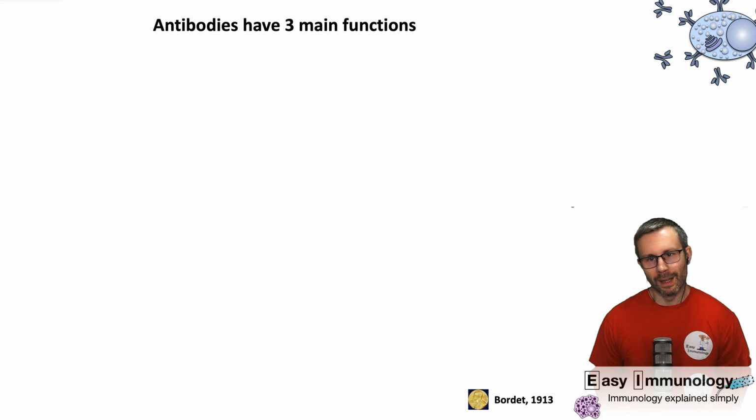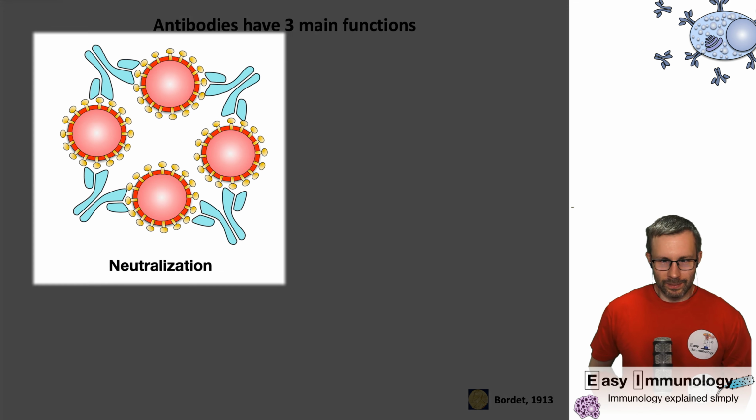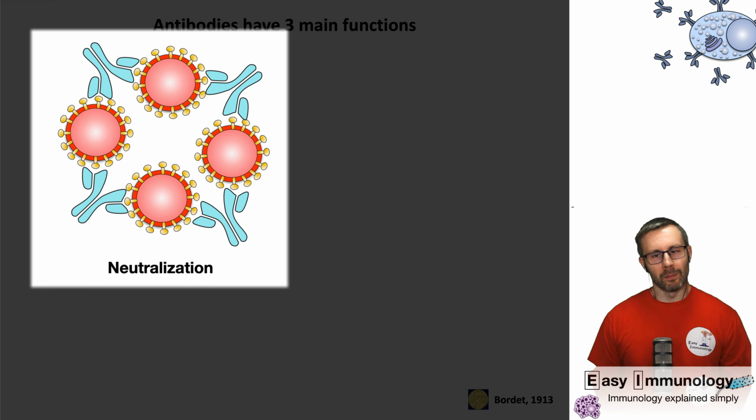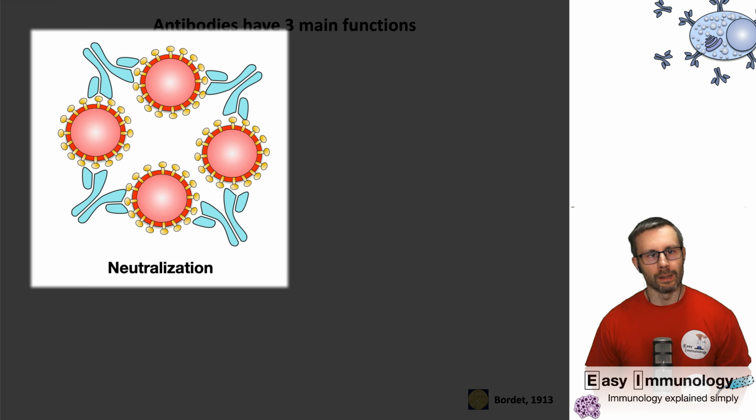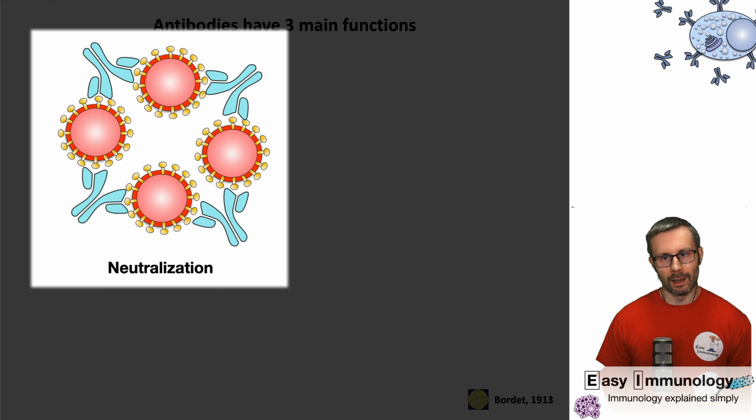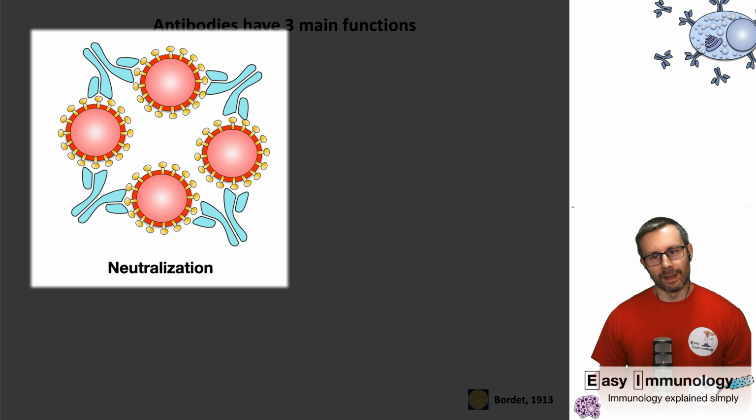Perfect. So we have neutralization. This means that antibodies bind to the surface of pathogens like this virus here, and they put them into big aggregates, lump them together, and then they can't swim freely.